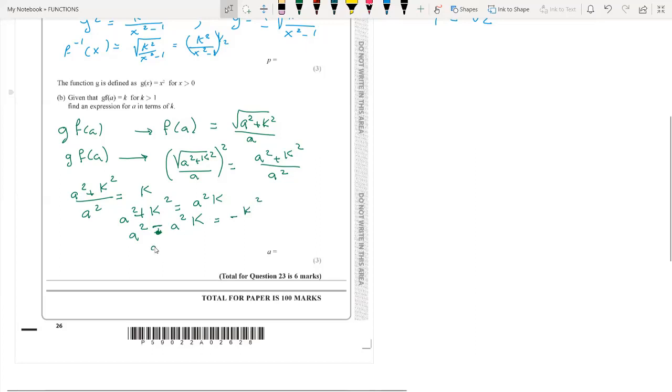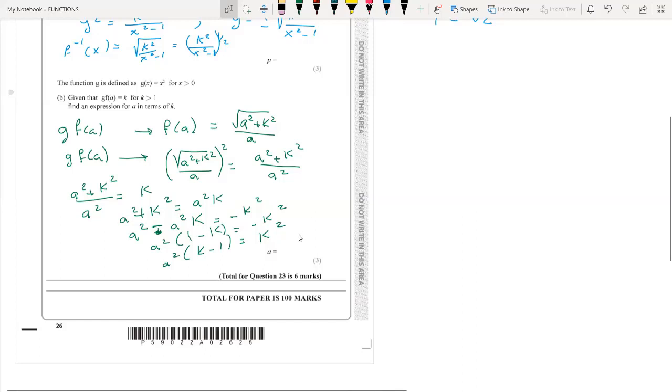If I rearrange, a squared times 1 minus k is equal to minus k squared, which can be written as a squared times k minus 1 is equal to k squared.